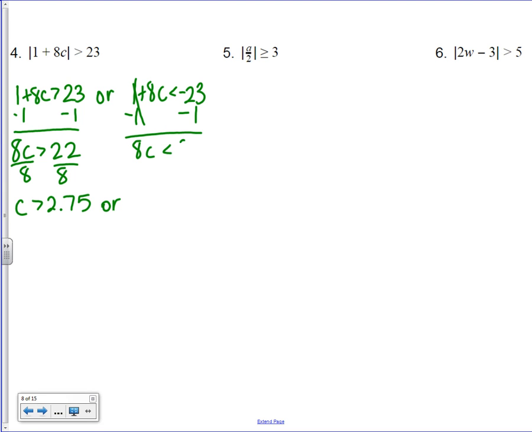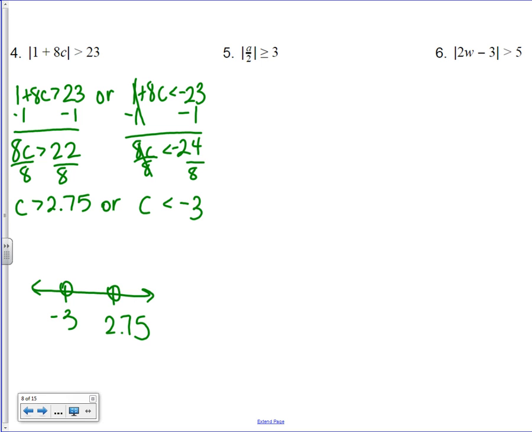You've done this 100 times by now. Number line. Circles. Shading. Again, if this is going too fast for you, stop it, pause it, replay it, whatever you need.